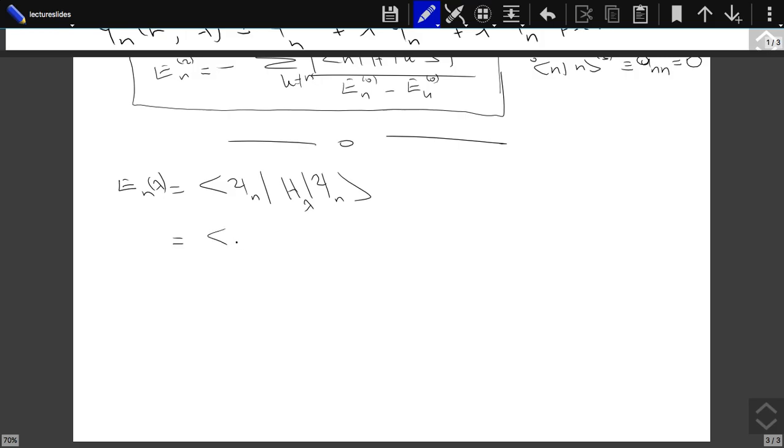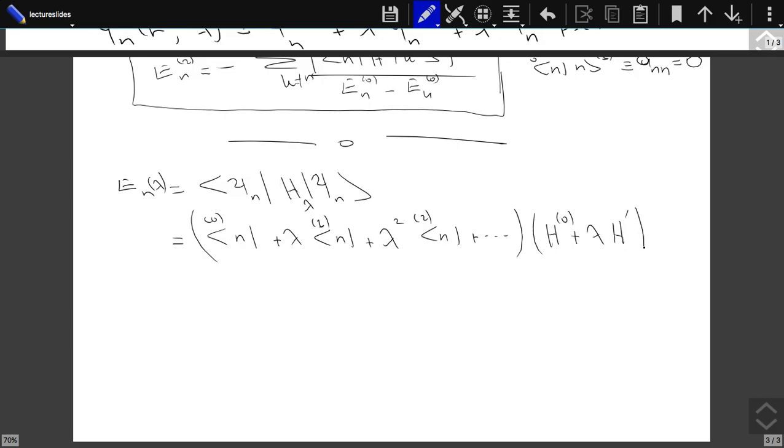We said that ψn is |n0⟩ plus λ|n1⟩, the first correction, plus λ² times |n2⟩, the second correction, etc. We know what H(λ) is, H0 plus λH'.